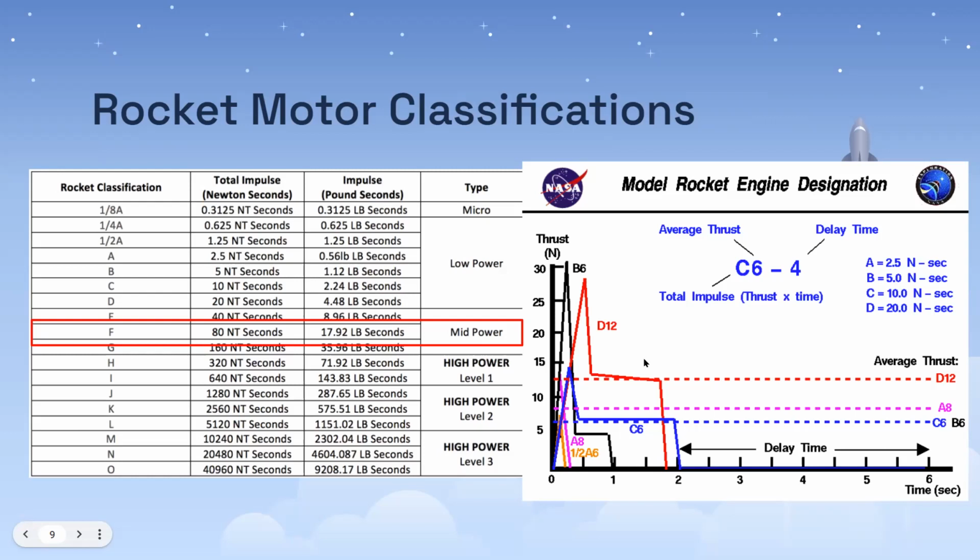So sometimes this can be 6 seconds, sometimes this can be 8 seconds, and sometimes you get to modify how much the delay time is in a reloadable motor. So that's kind of a modifiable thing that you can do.